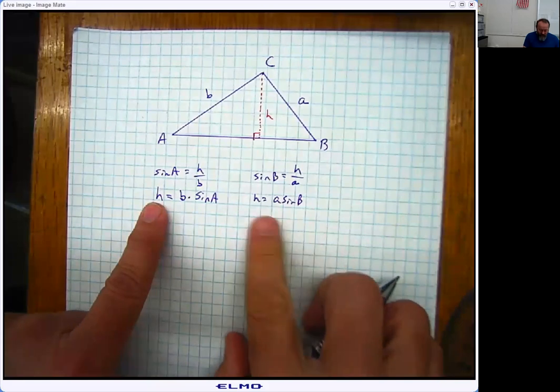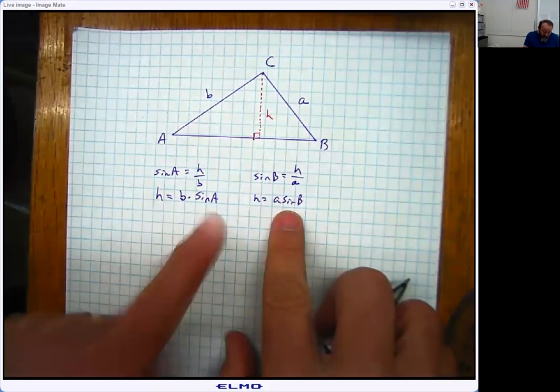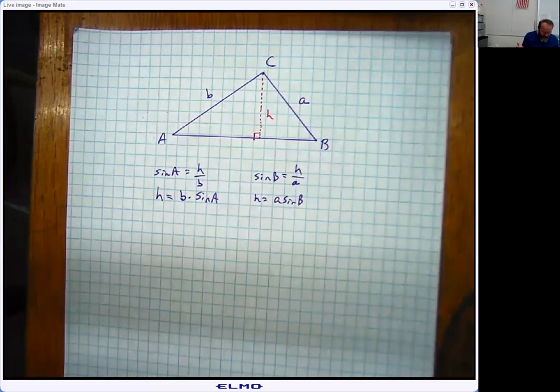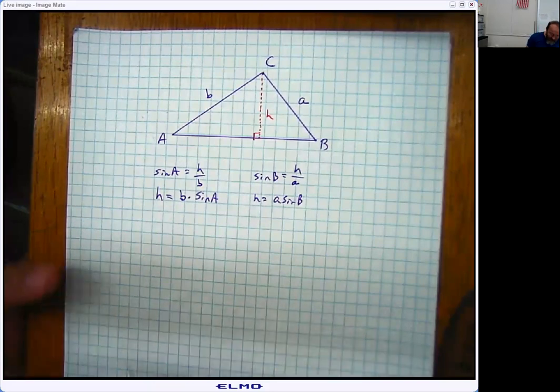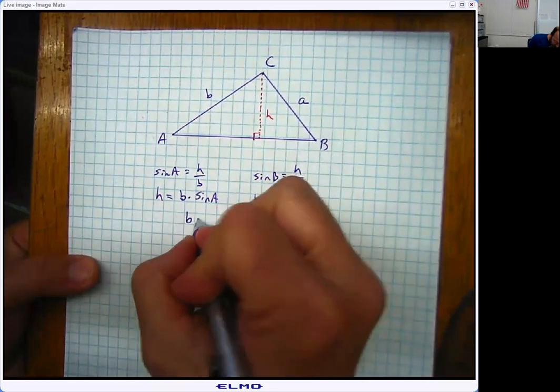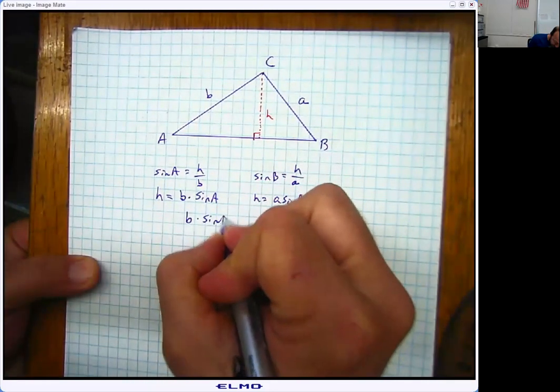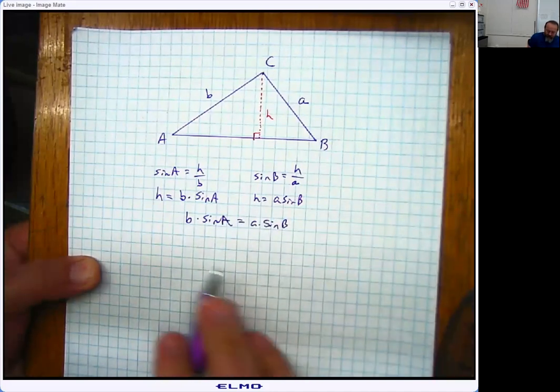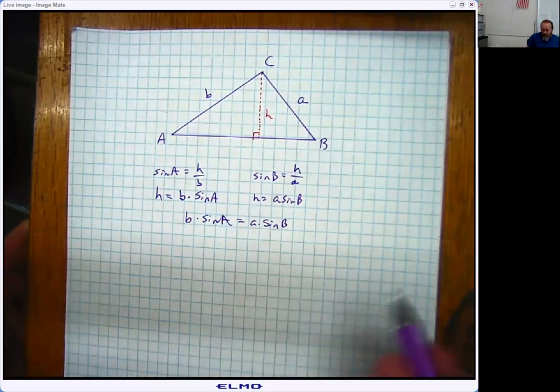But clearly, if h is equal to this and h is equal to that, well, those two things have to be equal. You could call that substitution, or the fancy way of saying it is the transitive property of equality. So I'm going to say that b times the sine of A is equal to a times the sine of B. Now, the next step is a little bit weird.